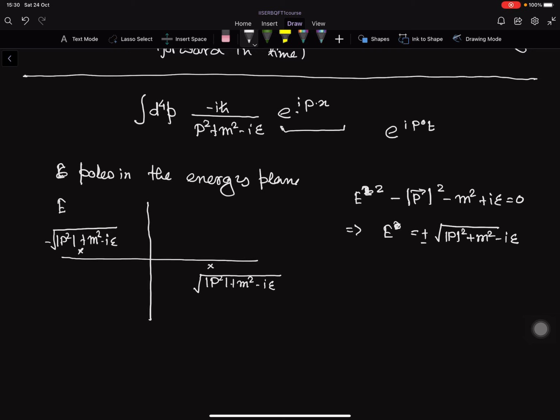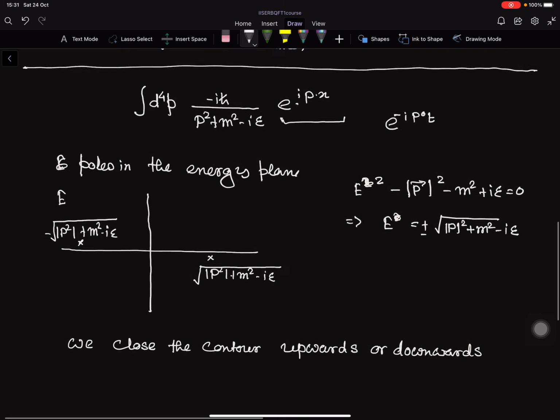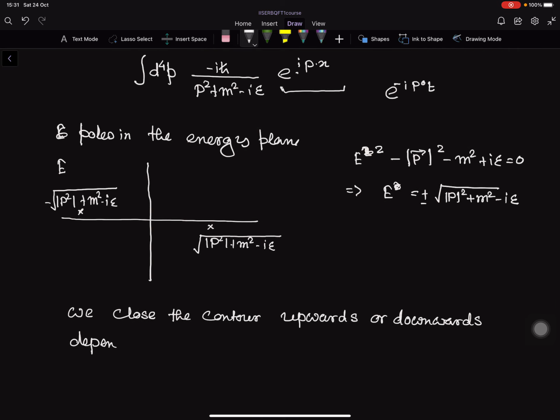Okay, so then we close the contour upwards, or downwards, depending on whether t is greater than 0 or t is less than 0.